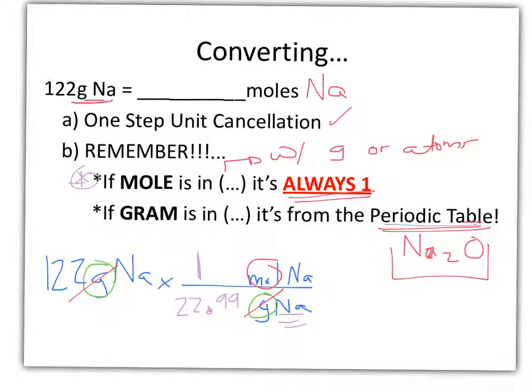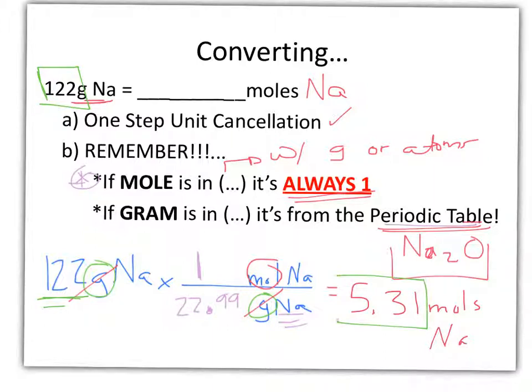Do we multiply, add, divide, subtract? Hopefully you know that you have to divide, and so the final answer will be 5.31 moles of Na. And the last thing I want to point out is to make sure that whenever you do these things, you maintain significant figures. Back up here in the given, there are 3 significant figures, and we maintain 3 significant figures in our answer also.